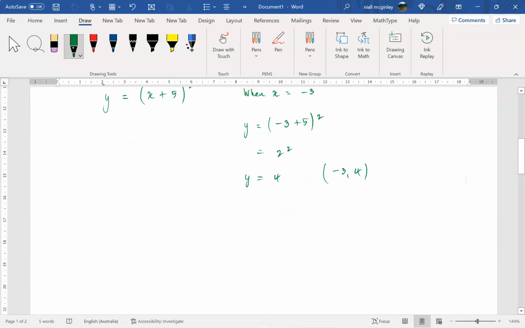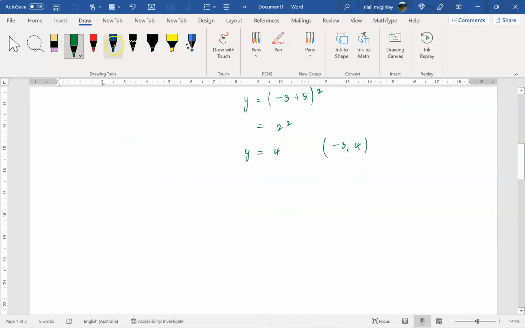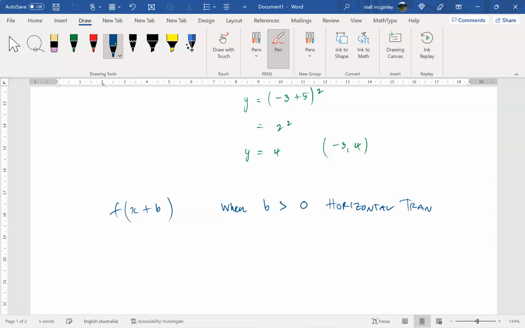So when you're using horizontal translations, here we will have f of x plus b. When b is a positive number, you'll be shifting it left. Okay, so it's going to be a horizontal translation, but it's going to be to the left.